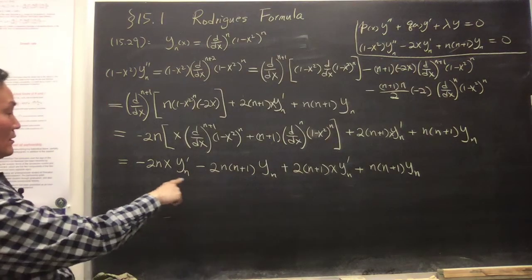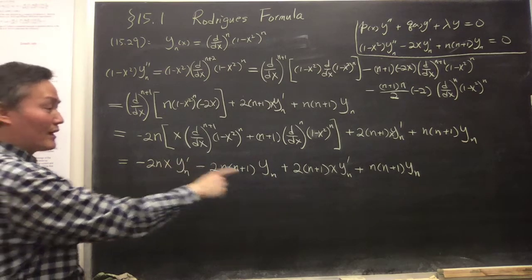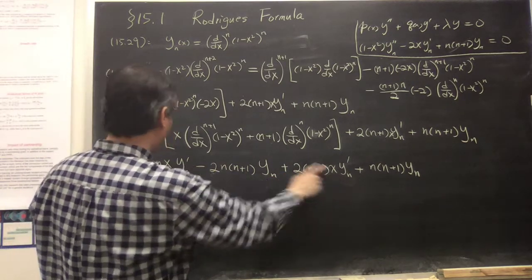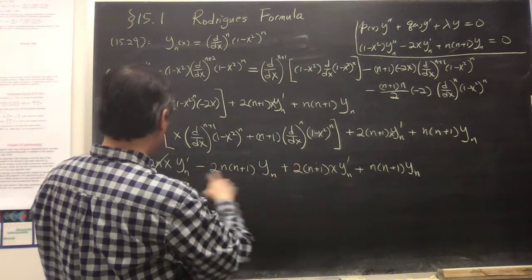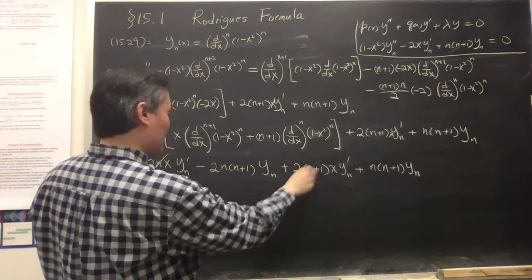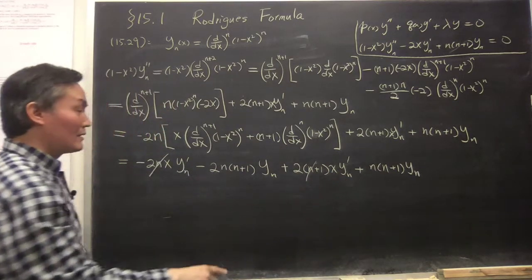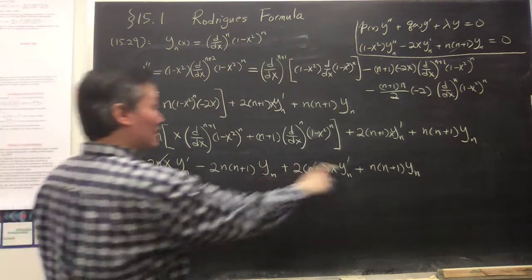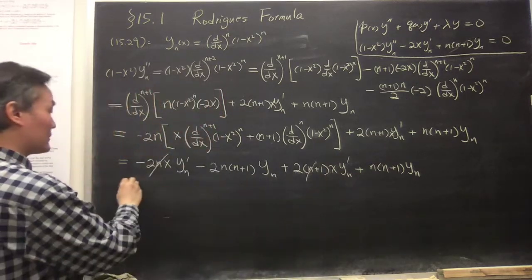Now you can see that this minus 2nx yn prime, you have 2nx yn prime, so this one cancels with this one, just the n. So what is left is 2x yn prime. And this one is 2 times this one with the negative sign, so it's negative n times n plus 1 yn.